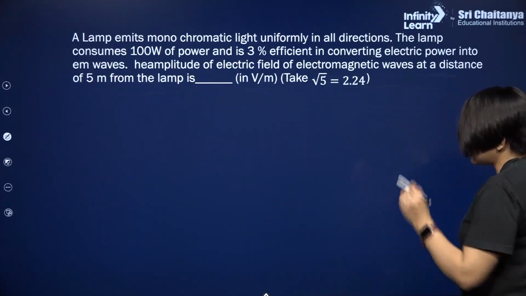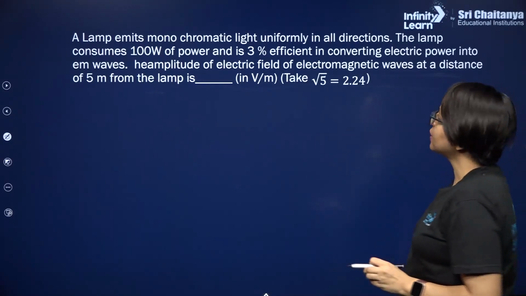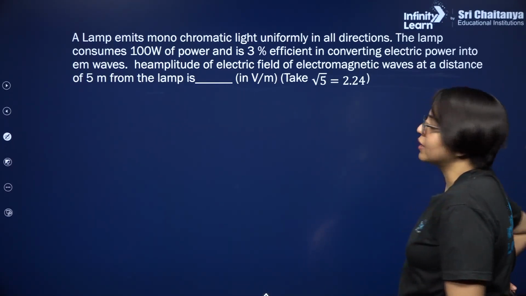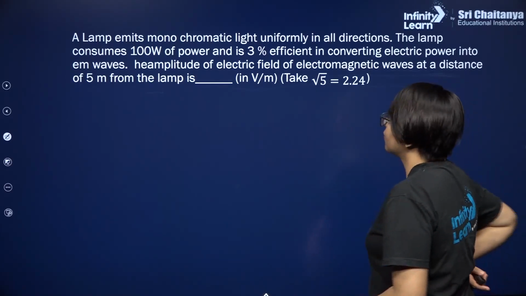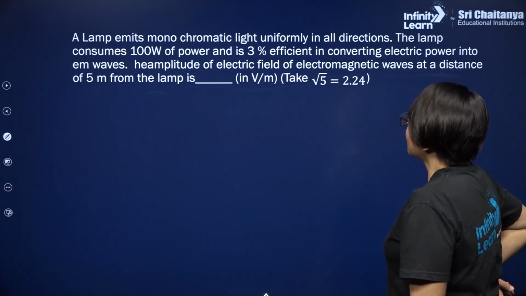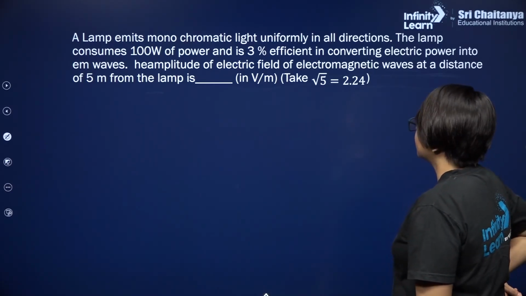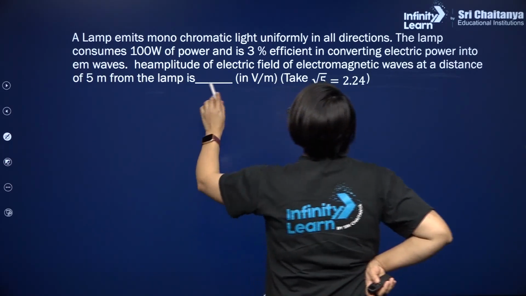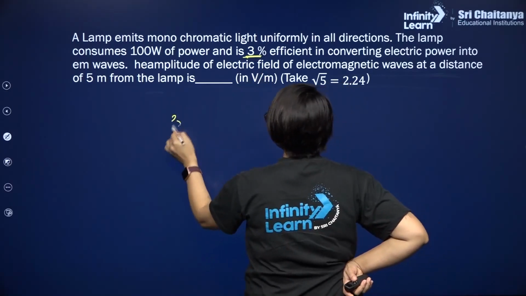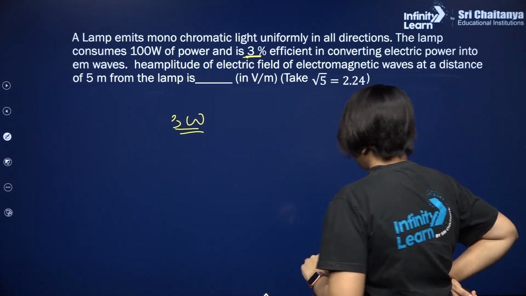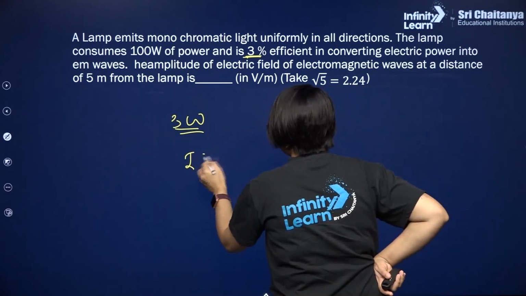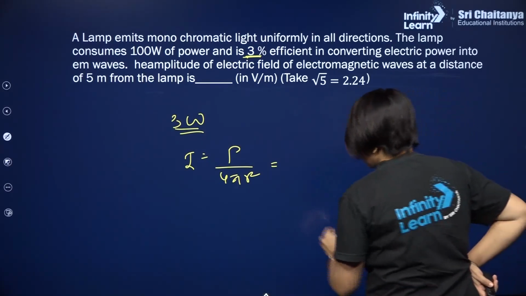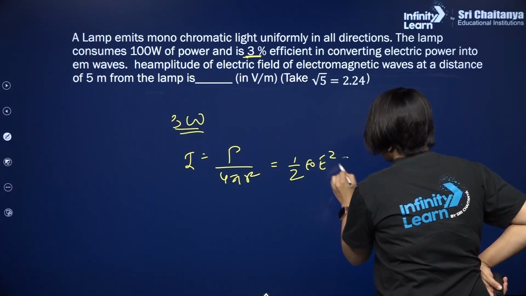Okay. Now, next is this one, a lamp emits monochromatic light uniformly in all directions. The lamp consumes 100 watt of power and is 3% efficient in converting electric power into EM waves. The amplitude of the electric field of the electromagnetic waves at a distance of 5 meter from the lamp is. So, here P is 100 watt, but we have only 3%. So, it will be 3 watt. Okay? So, P available is 3 watt and intensity is P upon 4 pi r square, and for EM waves the intensity is half epsilon naught E square into c, right.